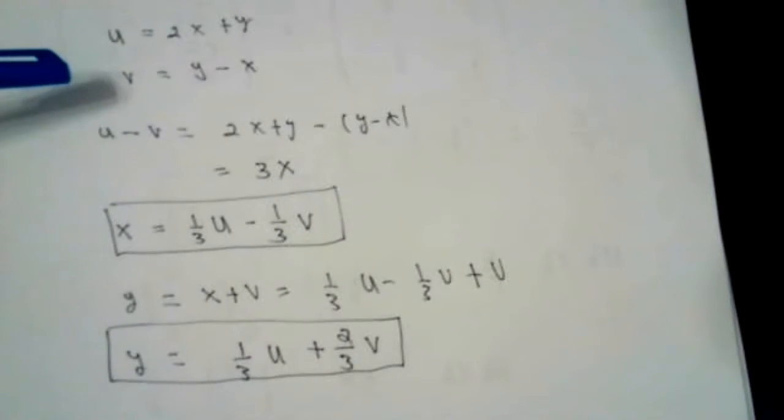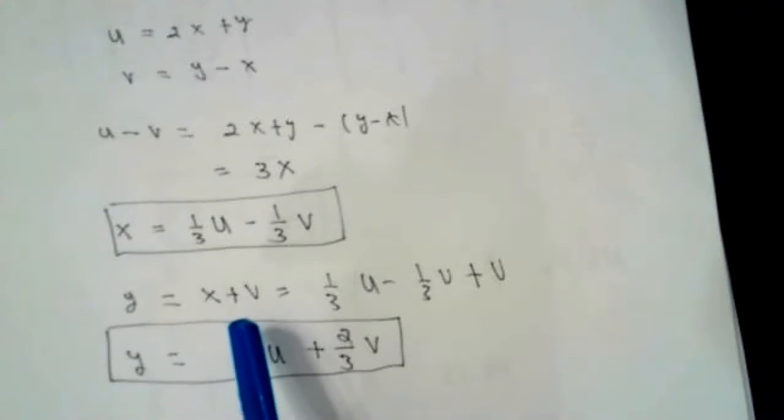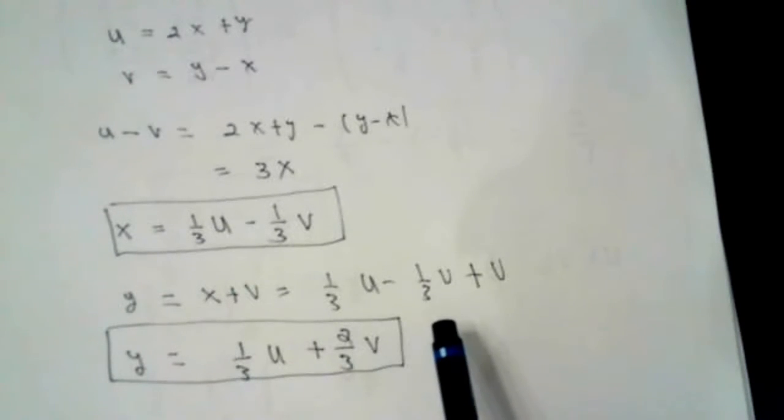This second equation says that v is y minus x. That means that y must be x plus v. And we've already established that x is 1/3 u minus 1/3 v. So putting that in and simplifying, I find that y is 1/3 u plus 2/3 v. So we now know x and y in terms of variables u and v.